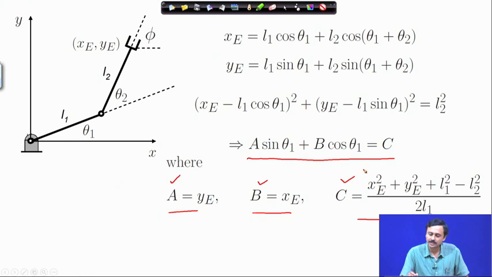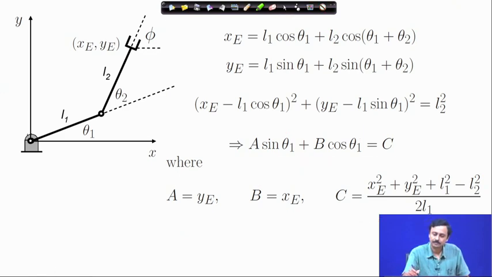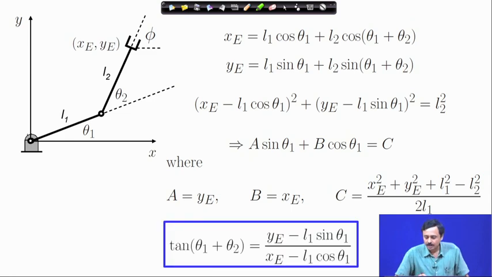The only unknown is theta 1. So, we have to solve this equation A sin theta 1 plus B cos theta 1 equal to C. Once I have theta 1 as a solution from this equation, I can now find out theta 2.